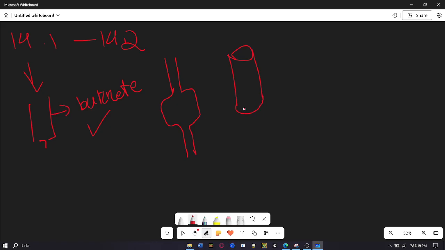The measuring cylinder is not that accurate. If you're given a question where a student wants to accurately measure a substance, you use a burette. If it says a student wants to measure this quickly, then you use a cylinder because it's faster. Remember this: the accuracy of a burette is up to 0.01 and it increments by 0.1.